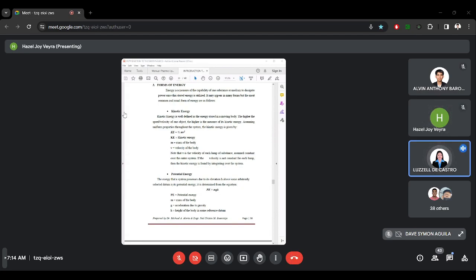KE is the kinetic energy, m is the mass of the body, v is the velocity of the body. Note that v is the velocity of each lump of substance, assumed constant over the entire system. If the velocity is not constant for each lump, then the kinetic energy is found by integrating over the system.